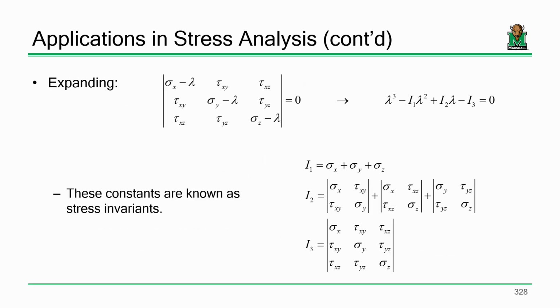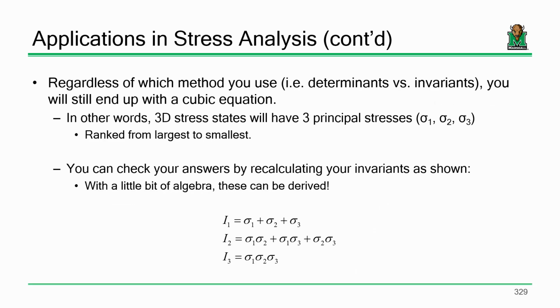And we can simplify that a little bit using these stress invariants, I1, I2, and I3, for our regular stress tensor. Once we get our principal stresses, if all we care about is calculating our invariants, it's actually pretty simple. We take I1 as just summing them up, I3 is multiplying them out, and I2 is sort of this mixed sum product approach as you see here. It's pretty straightforward.